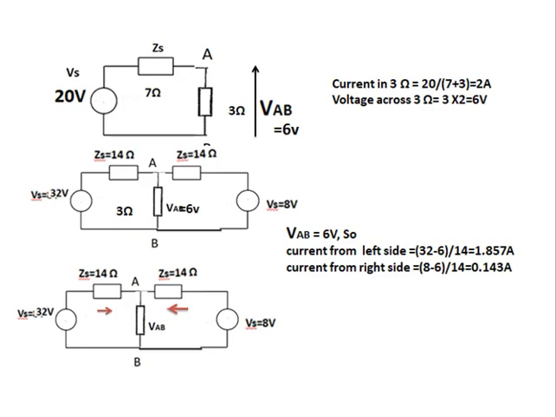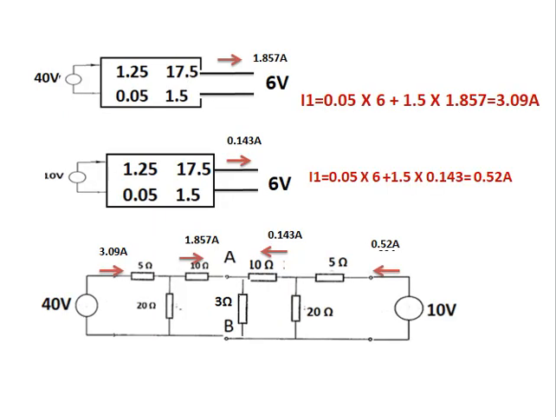So current from left side is equal to 32 minus 6, whole divided by 14, equal to 1.857 ampere. Current from right side is equal to 8 minus 6, divided by 14, equal to 0.143 ampere. Now we are going to see the current output from 40 volt and 10 volt source.